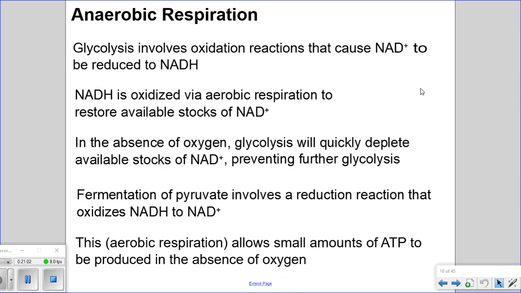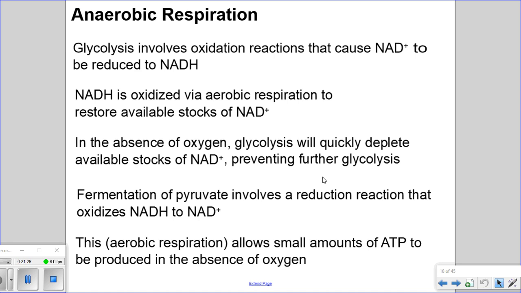In anaerobic respiration, glycolysis involves the oxidation reactions that cause NAD to be reduced to NADH. NADH is oxidized via aerobic respiration to restore available stocks of NAD. In the absence of oxygen, glycolysis will quickly deplete available stocks of NAD, preventing further glycolysis.